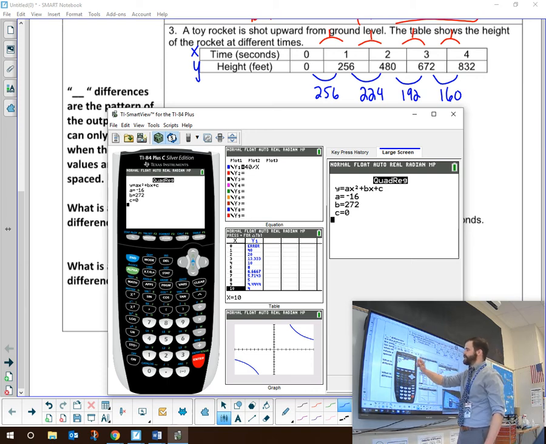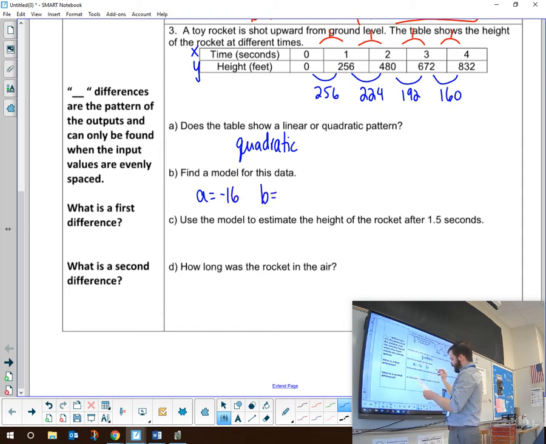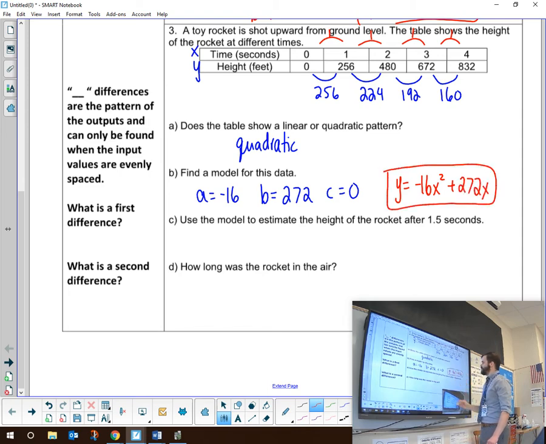My A is -16, my B is 272, and I don't have a C. So my C is 0. So my equation is going to be y equals -16x squared plus 272x. So there's my equation.